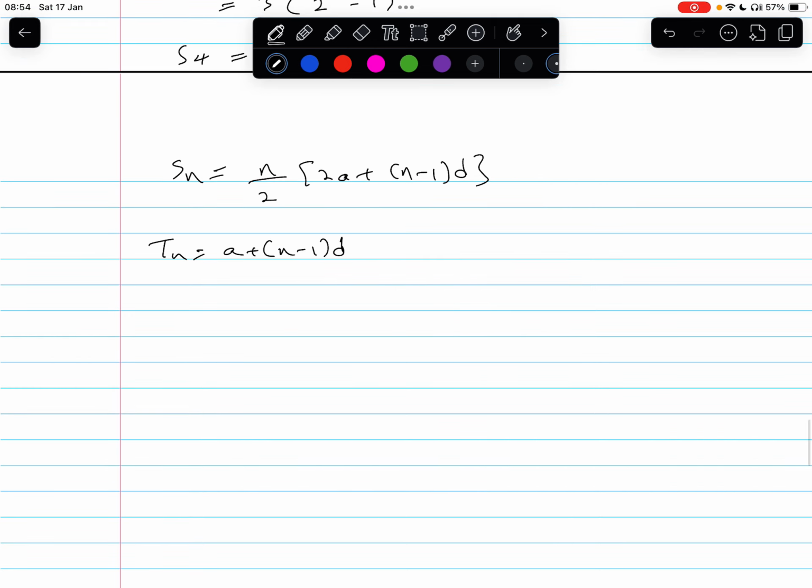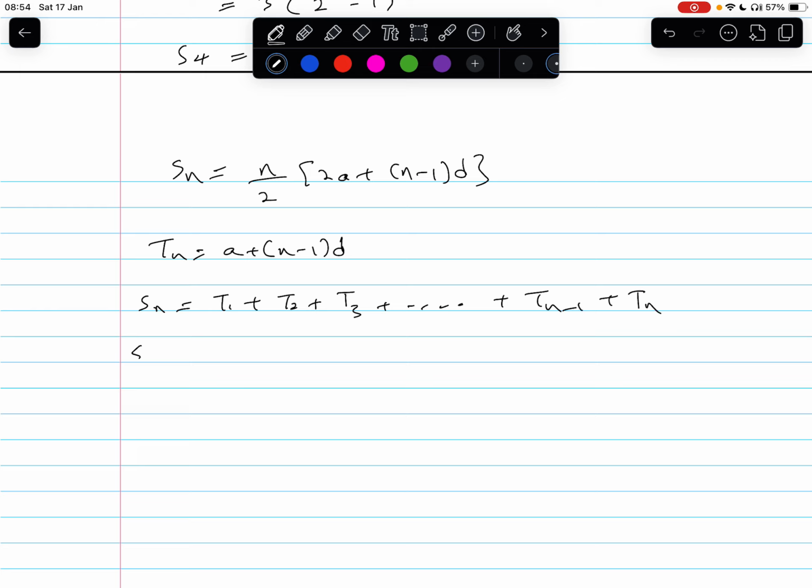We'll start off by determining Sn, the sum to n terms. We'll start off with T1. T1 plus T2 plus T3, plus all those other terms up until Tn minus 1 plus Tn.